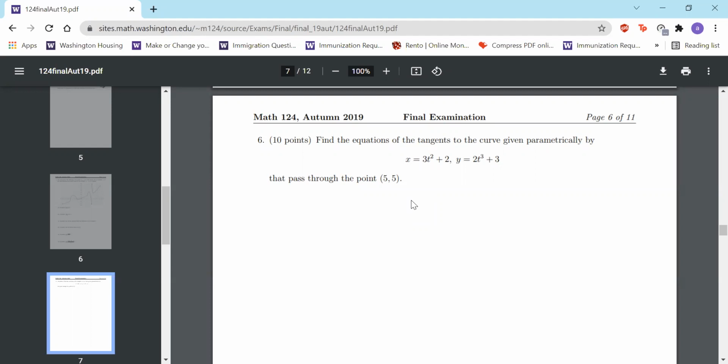So we have y minus 5 equals 1 times x minus 5. That is the equation of the tangent line.